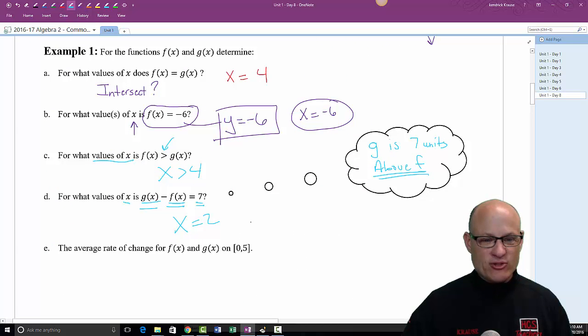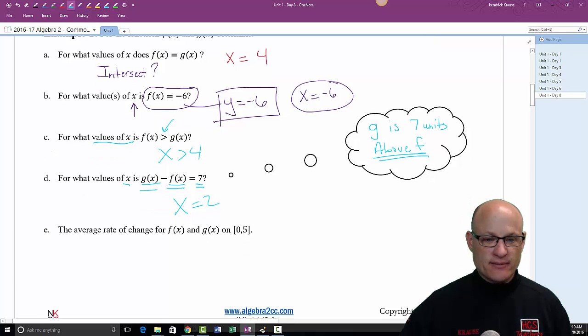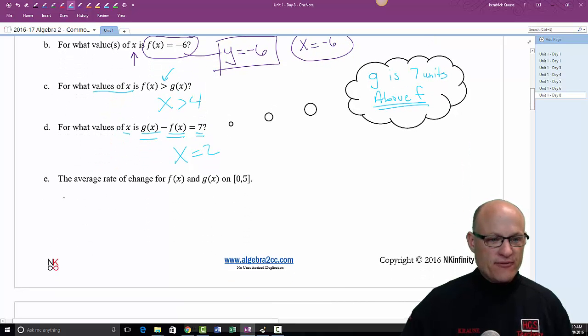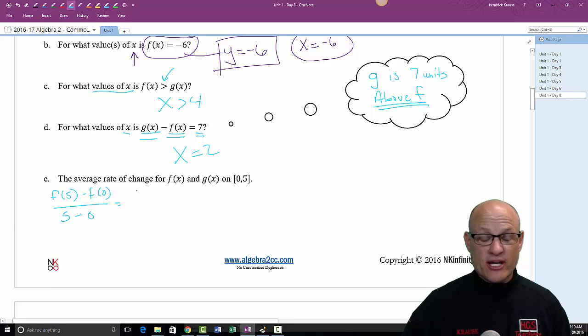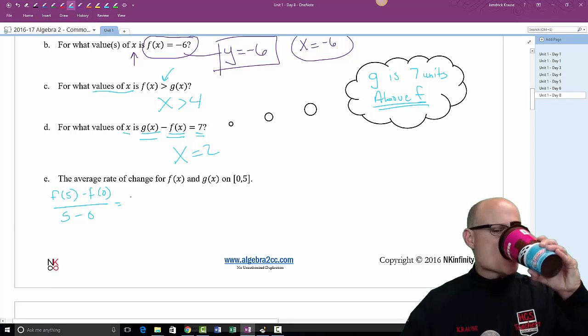And finally, the average rate of change of f of x and g of x from 0 to 5. Okay. So I need to find, and remember, we're going to do f of 5 minus f of 0 all over 5 minus 0. This is for the average rate of change for f of x.